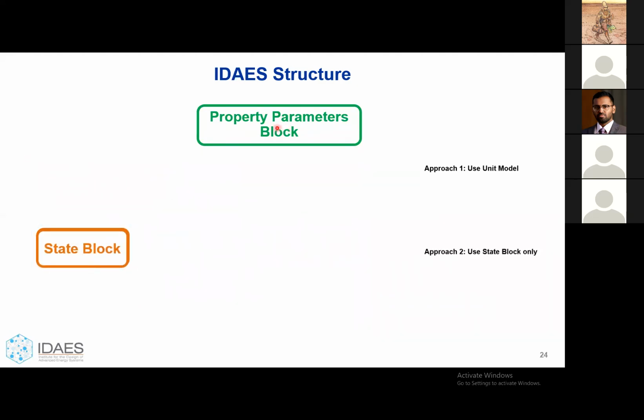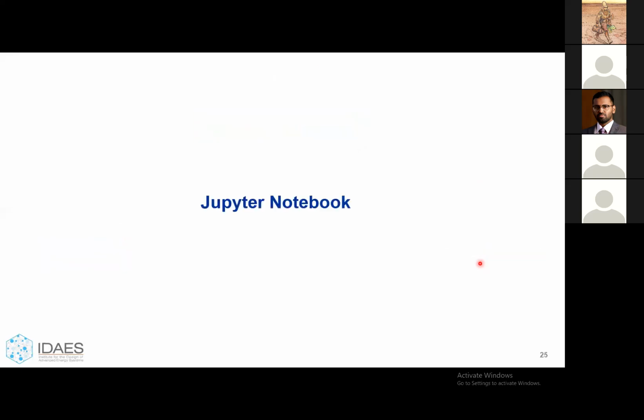Today we will be looking at approach 1 because it was a nice lead from the module 1 that we just did. We will still be using the Flash unit model, but there's also the approach 2 Jupyter notebook that's available.